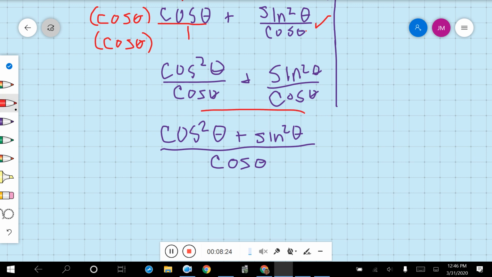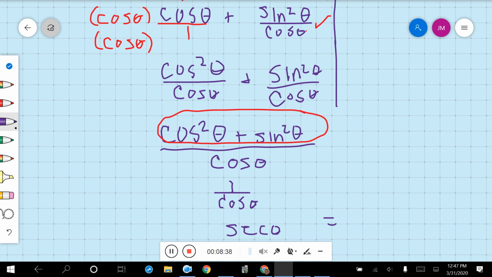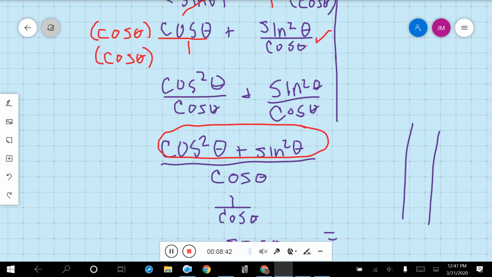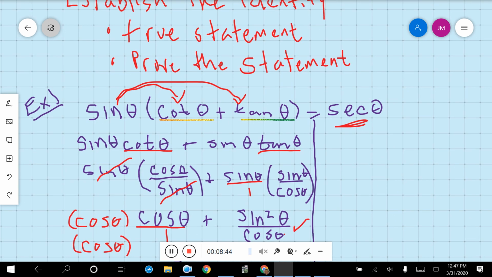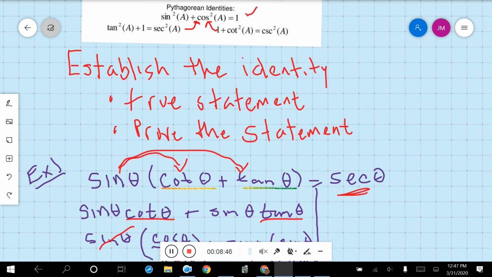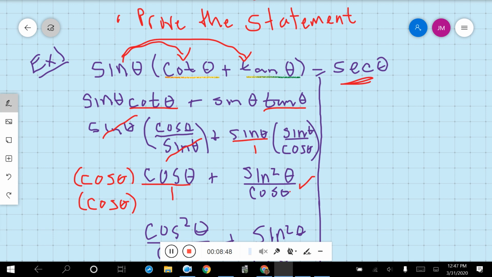What is sine squared plus cosine squared always equal? Yep, it's 1. So you have 1 over cosine theta, which we know is secant theta, which, if I scroll all the way back up to the top, you can see is exactly what I was trying to prove.